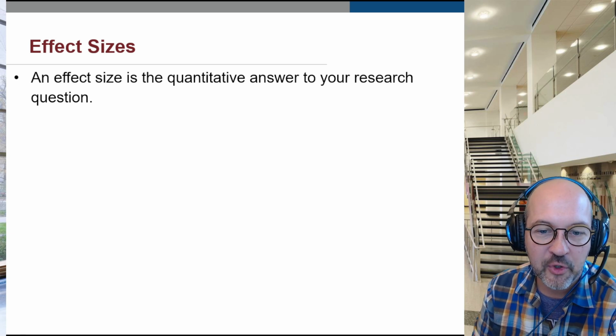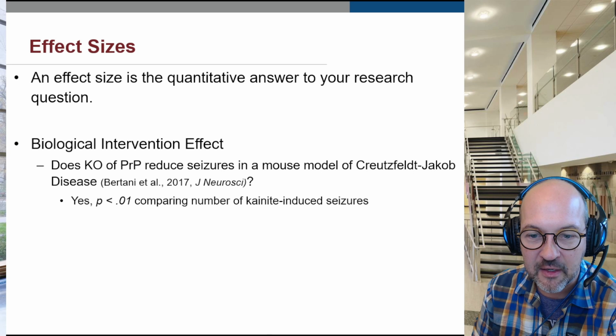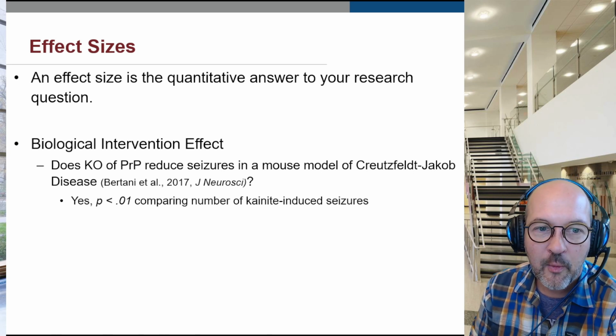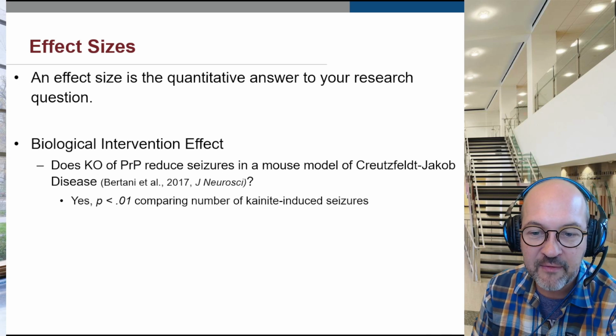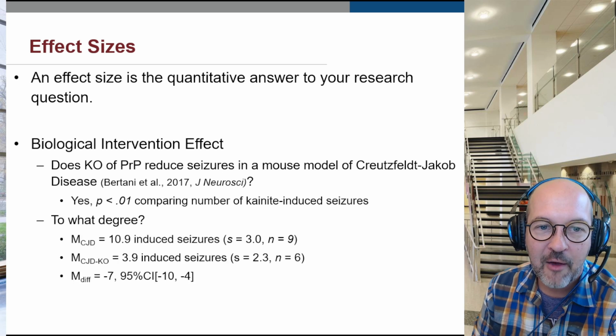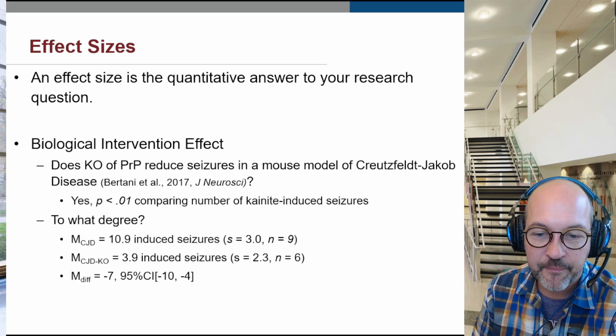Here's an example from the Journal of Neuroscience. The research question is if knocking out the PRP gene reduces seizures in a mouse model of Creutzfeldt-Jakob disease. We can answer the qualitative question with a p-value, which is statistically significant, so we say yes, there is an effect. The quantitative question is how much of an effect. To find out, we have to look at the descriptive statistics.